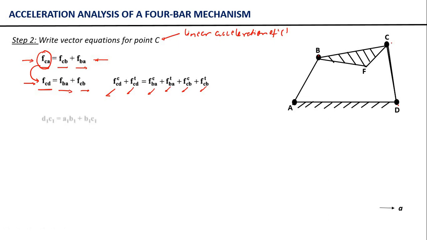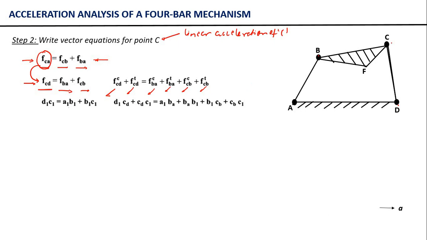So afterwards we all know that the next step is to quickly run a magnitude and direction analysis. One point to mention here is that initially when you're starting with the acceleration analysis or velocity analysis of mechanisms, it is always better to write down the vector equations, right?